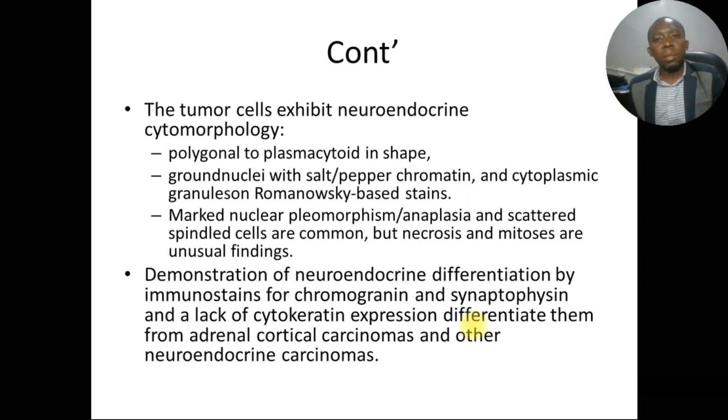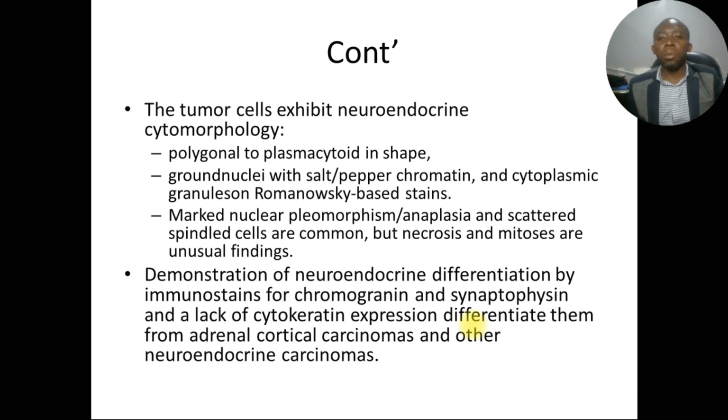So the tumor cells exhibit the neuroendocrine cytomorphology, which may be polygonal to plasmacytoid in shape, with round nuclei with salt and pepper chromatin and cytoplasmic granules on Romanowsky-based stains.